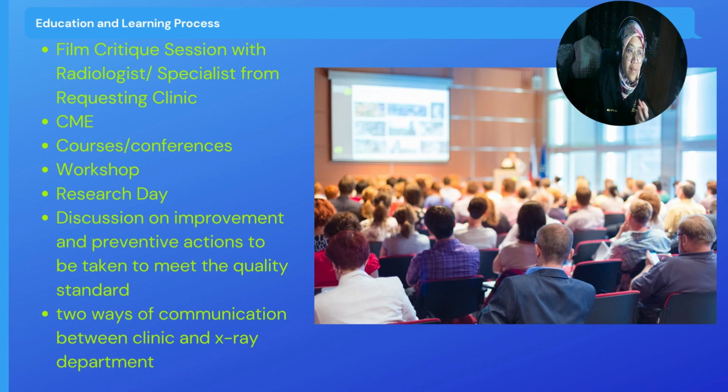As a radiographer: film critic sessions with radiologists or specialists from the requesting clinic, CME, courses or conferences, workshops, research day, discussion of improvement and preventive actions to be taken to meet the quality standard, and two-way communication between the clinic and the X-ray department is the best way to improve the quality.